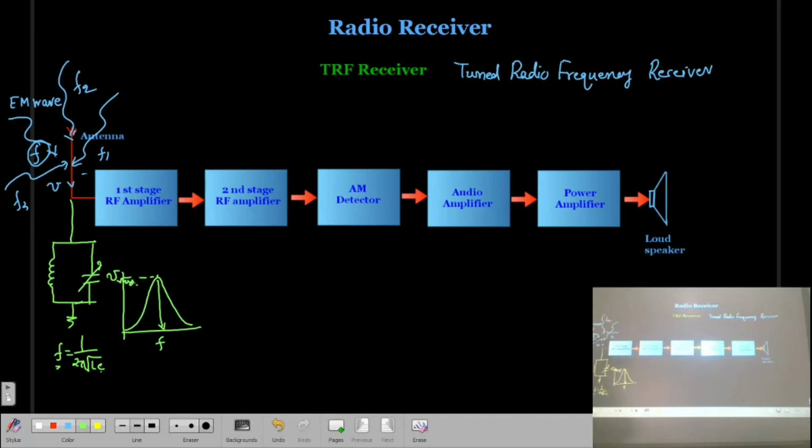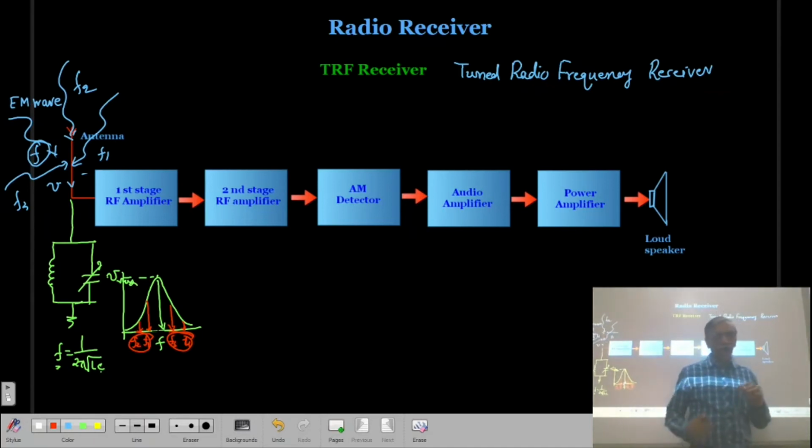Correct? So we can say this frequency F is selected by the resonance circuit, and for the rest of the frequencies, F1, F2, F3, F4, they produce a very small amount of voltage.